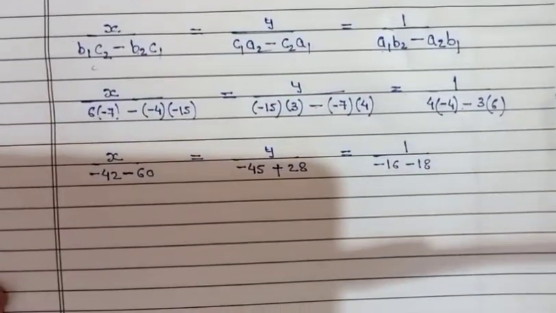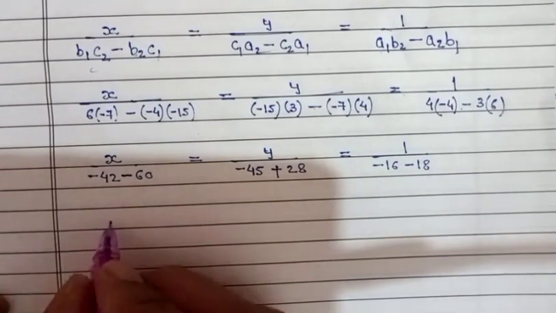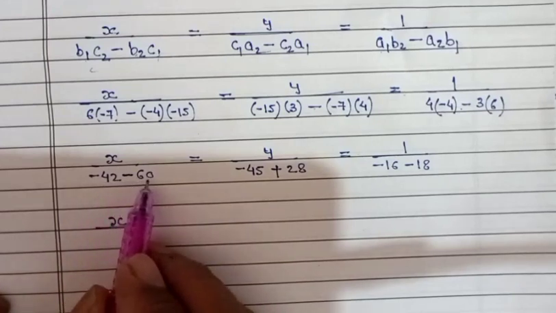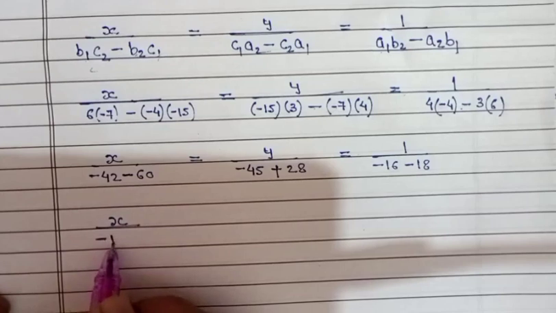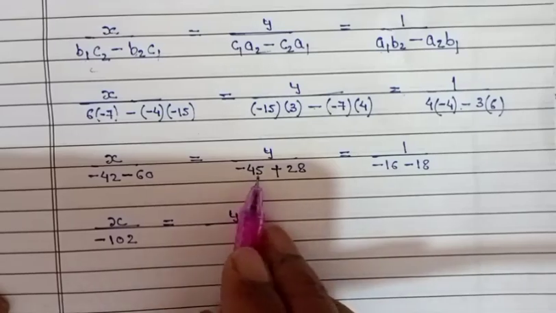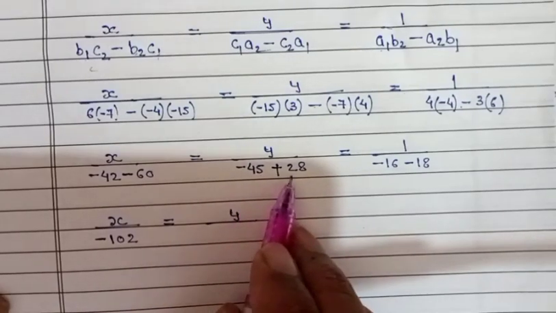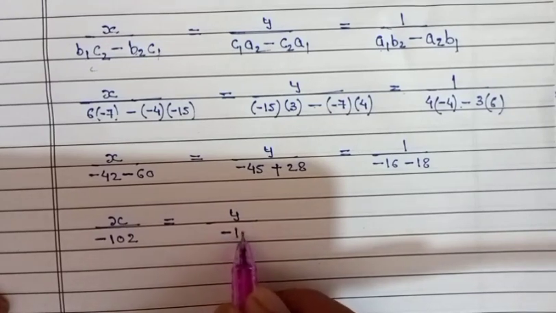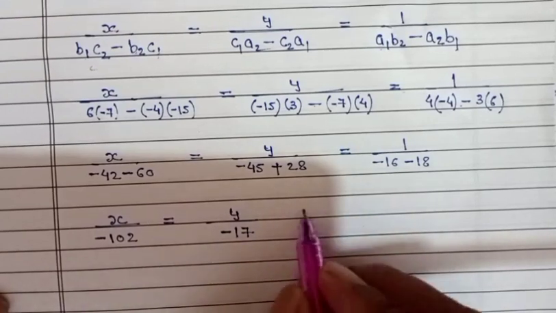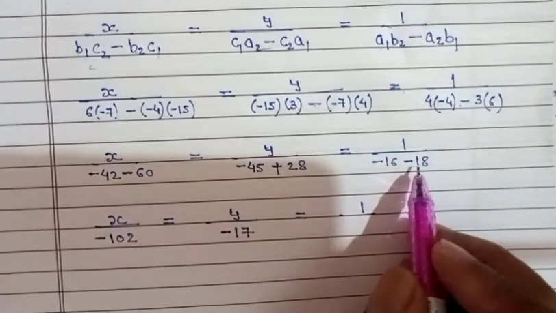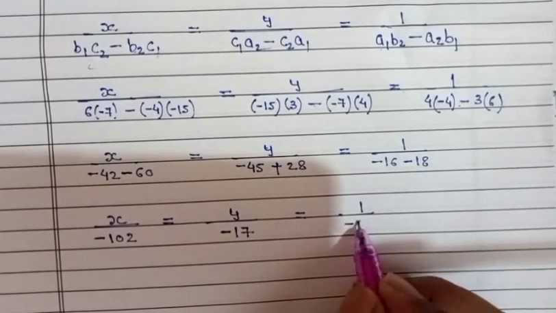Now let's see what result we are going to get over here. Now this will become x upon minus 42, and then we have got minus 60, so this will give you minus 102, is equal to y upon minus 45 and 28. So this will give you minus 17, is equal to 1 upon minus 16 and minus 18 will give you minus 34.